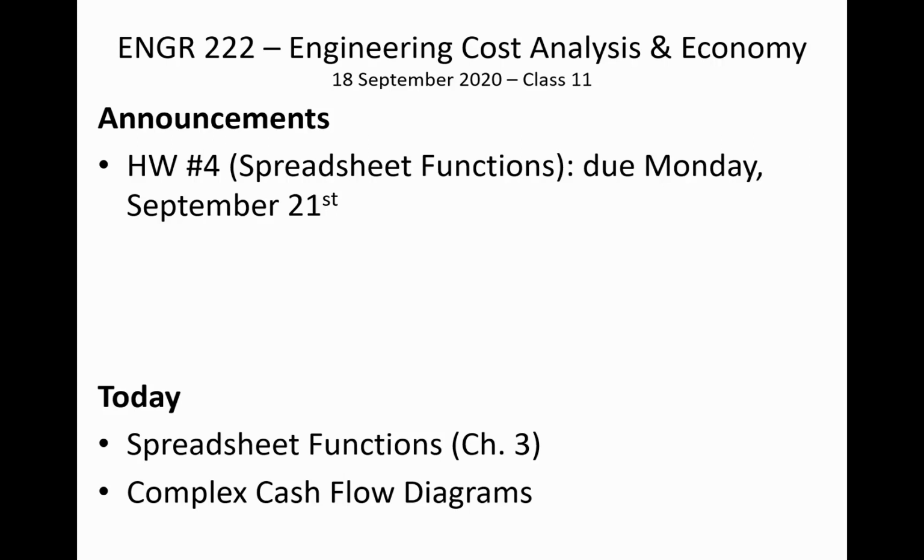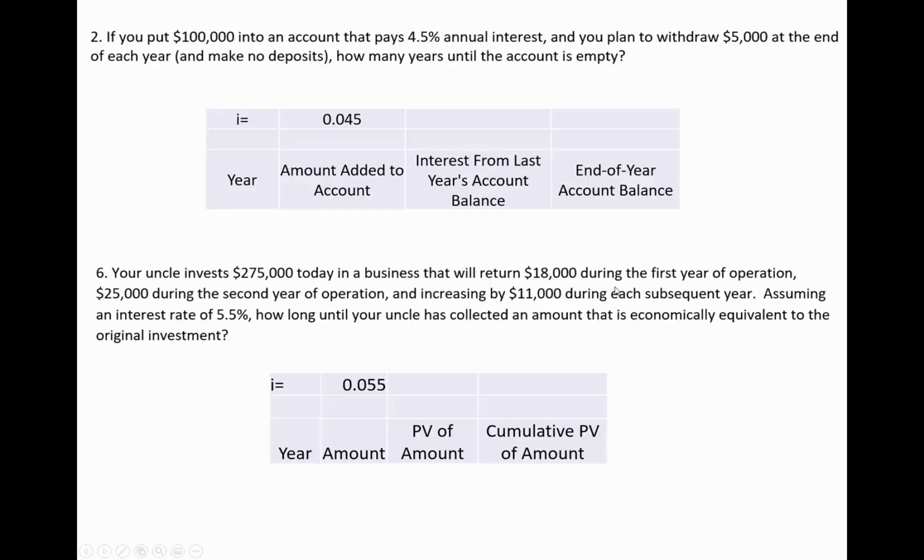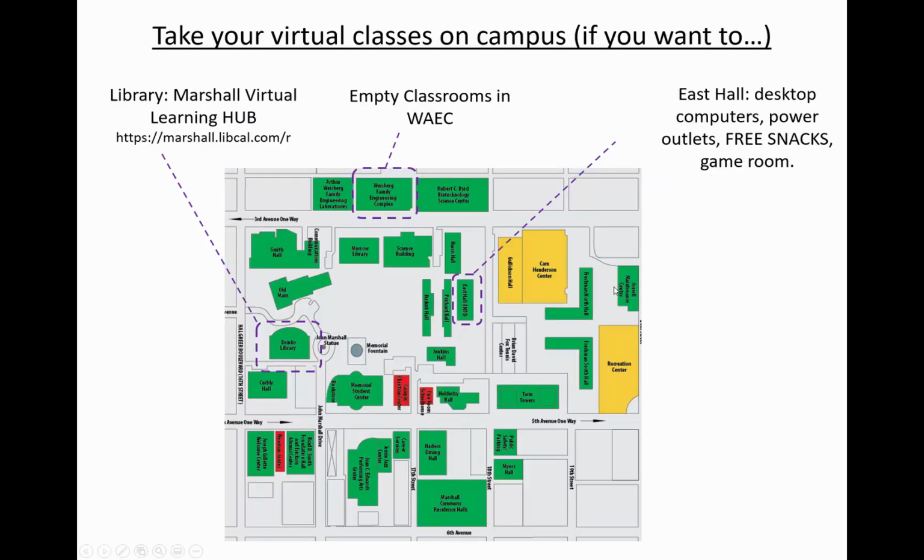A couple of additional announcements beyond that, though. I wanted to point out that, for those of you who are not on campus right now, and maybe you get tired of taking all of your classes in your bedroom or sitting on the couch, if you wanted to take some of your virtual courses on campus, there are a variety of locations where you could do that.